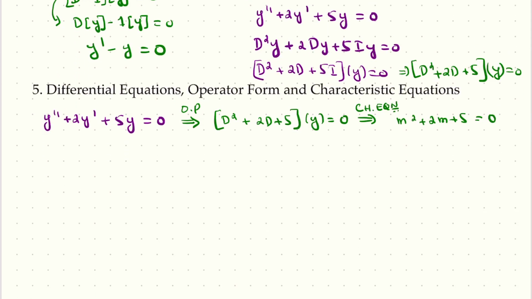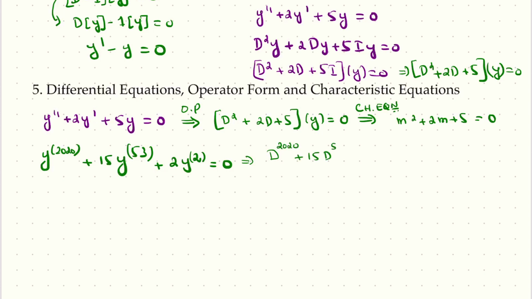So if I give you another differential equation, which is, let's say, y to the 2020 derivative, plus 15 y to the 53 derivative, plus 2 y double prime, equal to 0, whose operator form would be D to the 2020 plus 15 D to the 53 plus 2 D squared of y equal to 0, and whose characteristic equation would be m to the 2020 plus 15m to the 53 plus 2m squared equals 0.